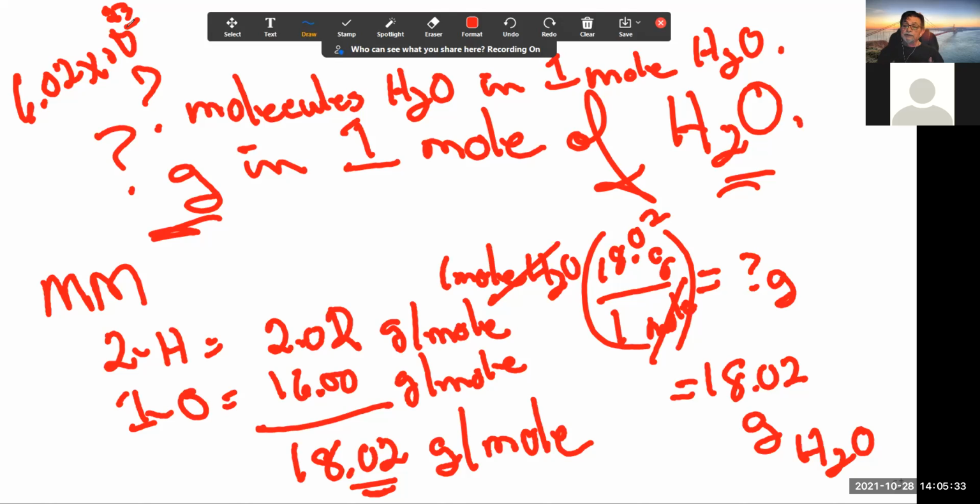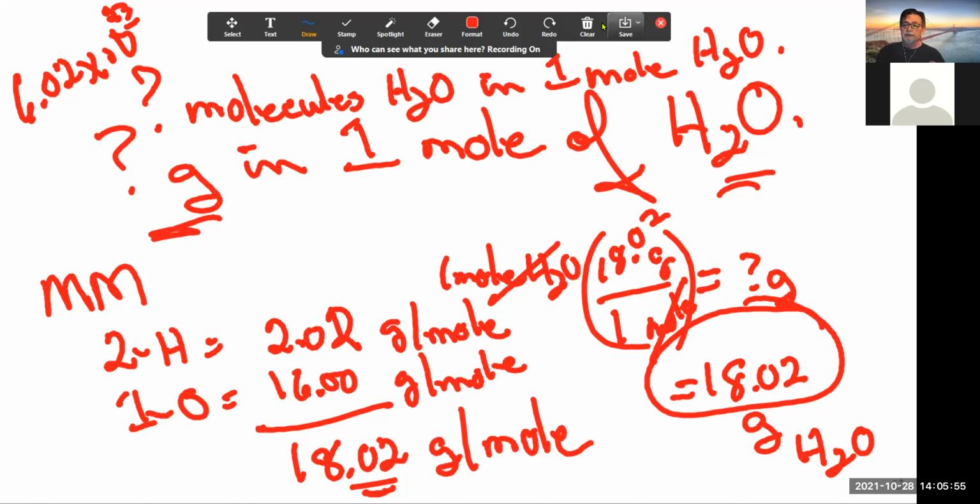Well, 1 mole is 6.02 times 10 to the 23rd items. So for 18 grams of water, I have 1 mole of water, which means I have 6.02 times 10 to the 23rd molecules of water.